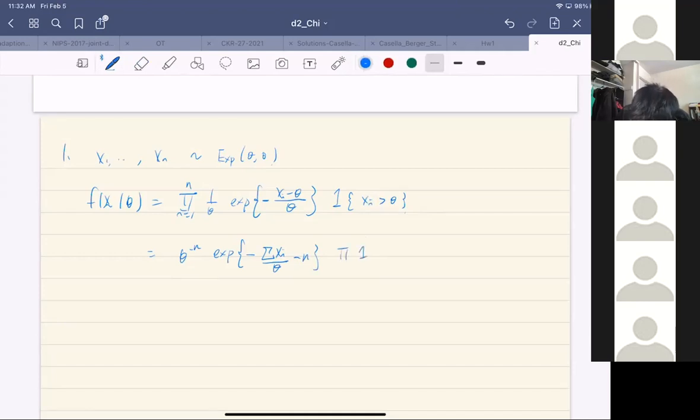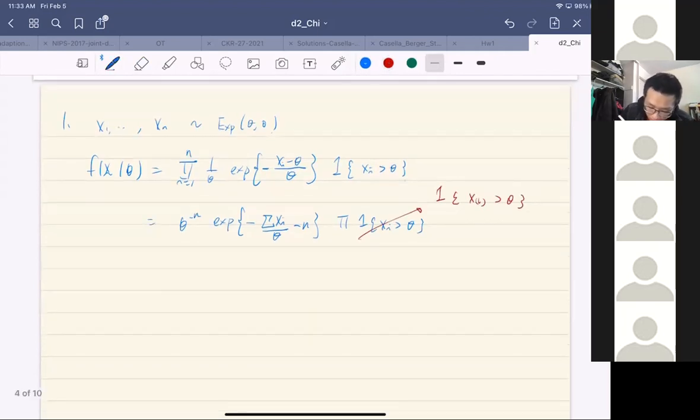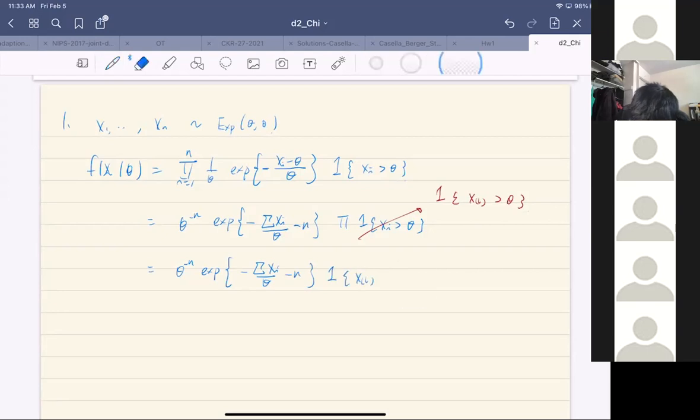And this term is the indicator that the smallest one is greater than theta. So we have this. Yes, minus n is right.